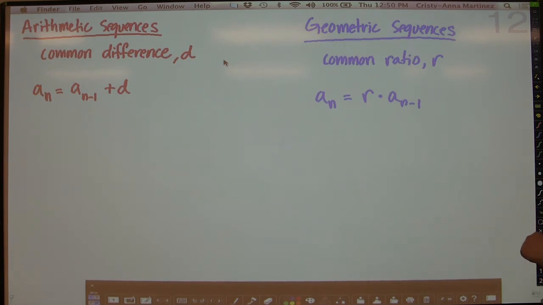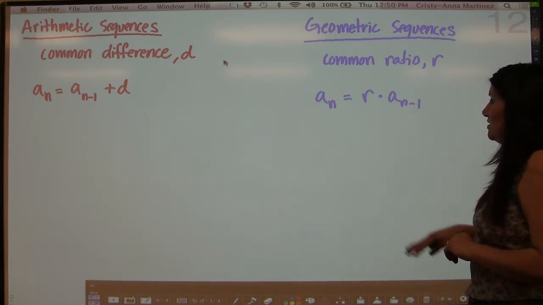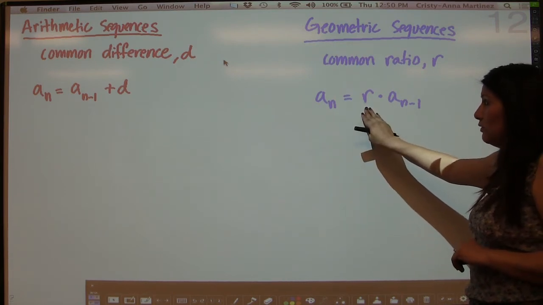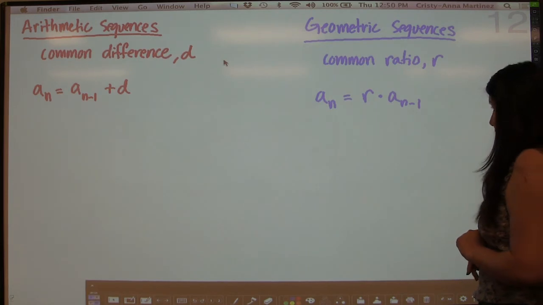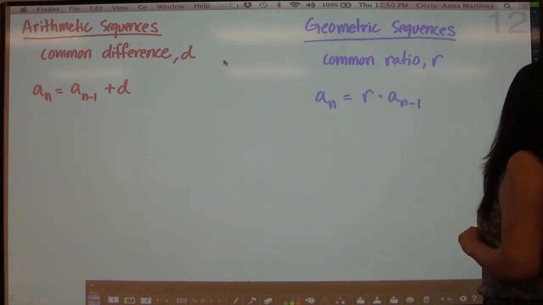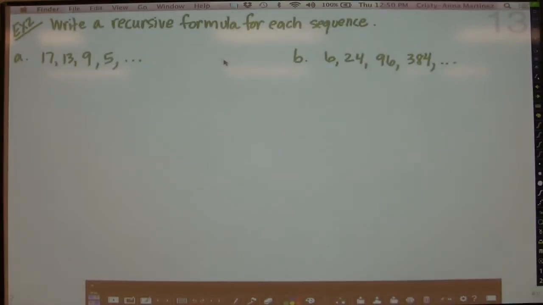You take a term and divide it by the previous term, and if you have that same ratio throughout, we call that the common ratio. And the formula for a geometric sequence is a sub n equals that common ratio times a sub n minus 1. Alrighty, so that being said, we're going to use that information for this example.